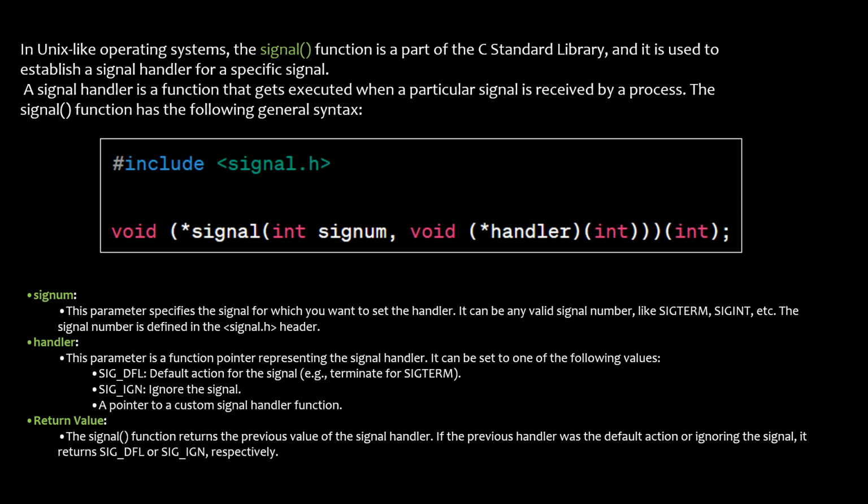It can be any valid signal number like SIGTERM, SIGINT, etc. The signal number is defined in the signal header file. If we look at the next parameter, which is the handler, it's a function pointer representing the signal handler. It can be set to any one of the following values: SIG_DFL, which takes the default action, SIG_IGN, which ignores the signal, or a pointer to a custom signal handler function. And the return value of this function is the previous value of the signal handler.